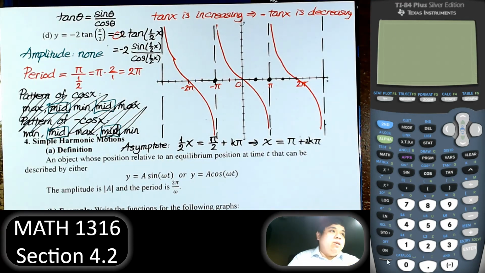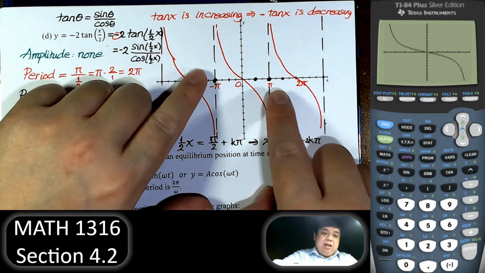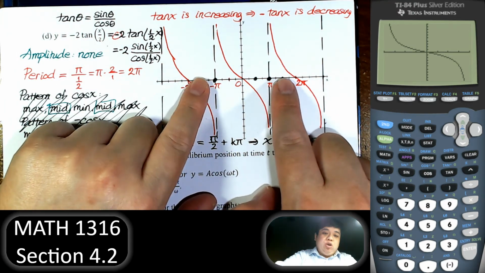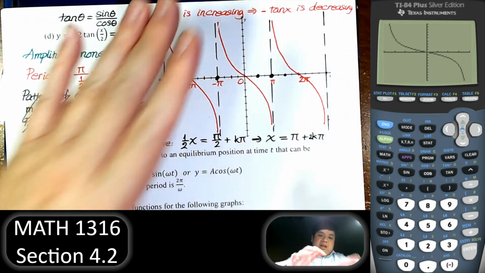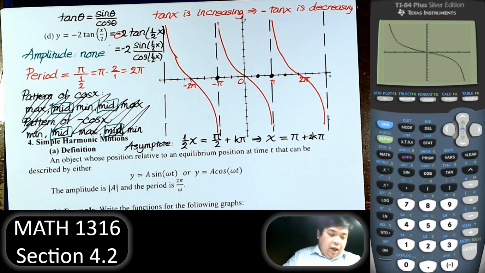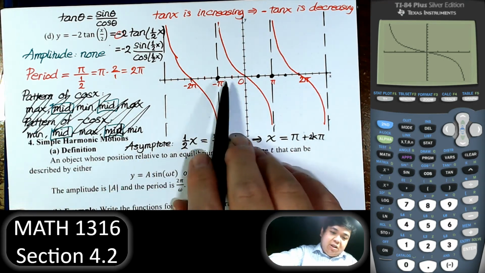We can graph -2 tangent of x over 2. It is decreasing, of course. And earlier we said the window is from negative pi to pi, so for one period it looks like that. For tangent or cotangent, this might be helpful because it gives us the 0 in the middle.